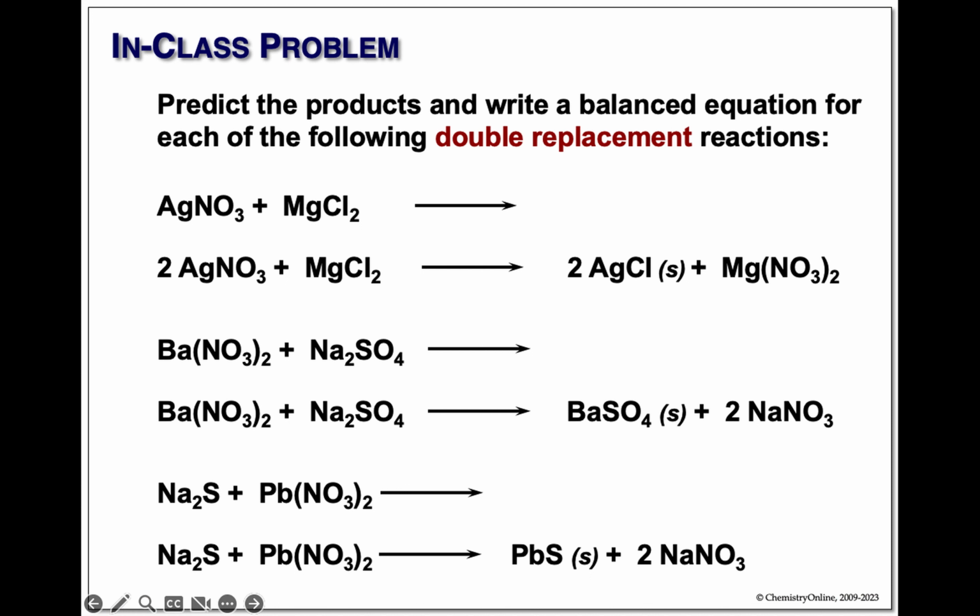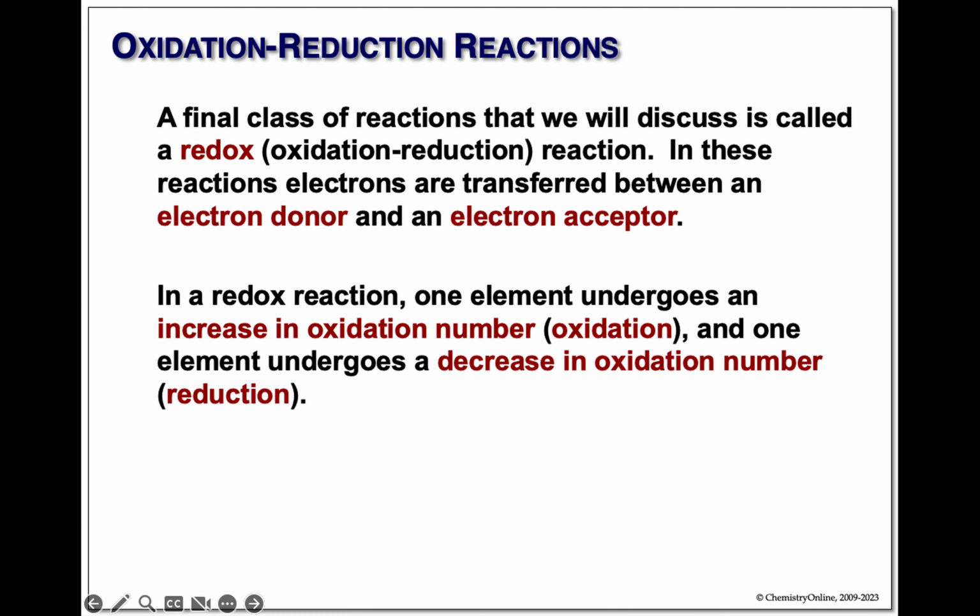All right, so I'm sure everybody is now anxiously awaiting redox reactions. Redox reactions involve transfer of electrons from a donor to an acceptor. When one element goes an increase in oxidation number, it's called an oxidation.